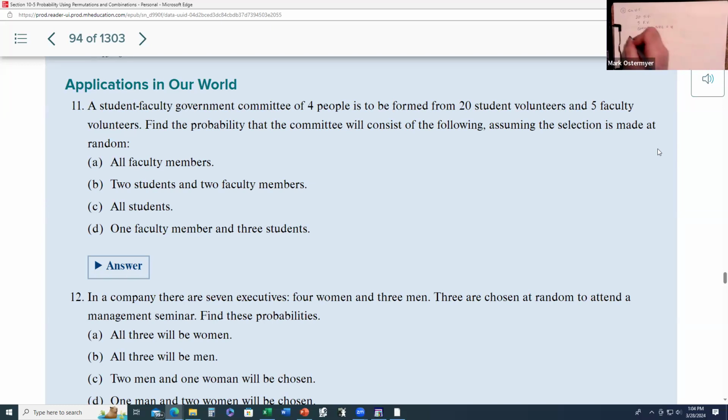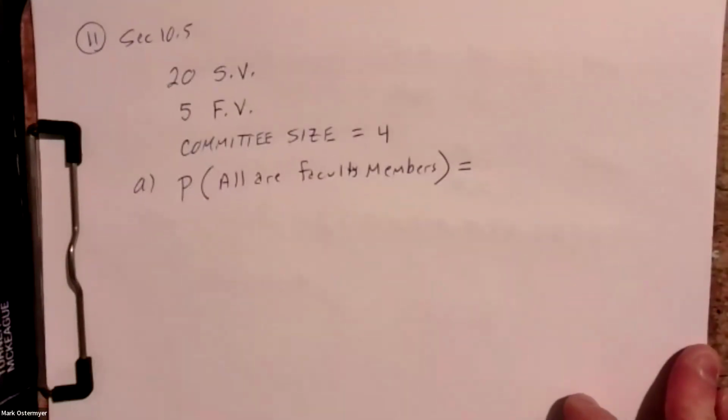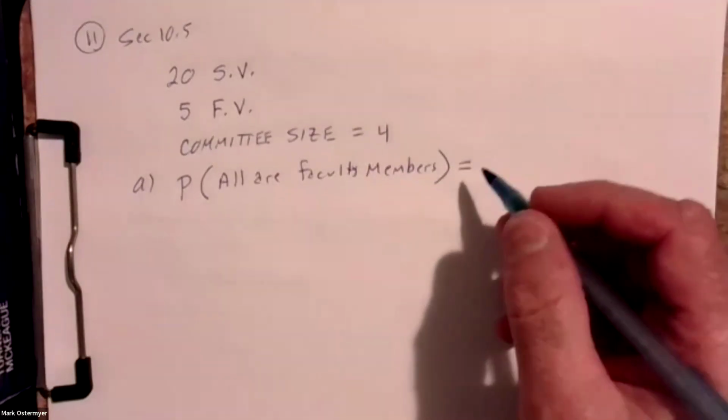Okay. A, what's the probability that all of our 4 randomly selected people are faculty members? All are faculty members.